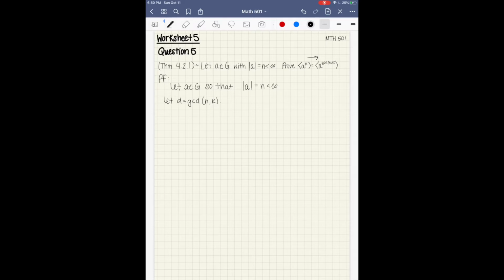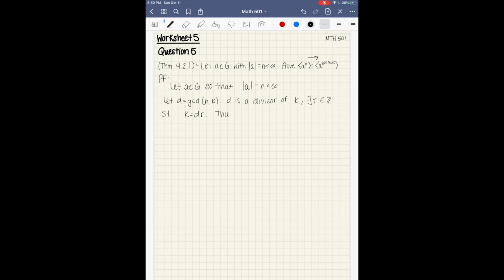Since d is equal to the greatest common divisor of n and k, so d is a divisor of k, that means there exists r, which is an integer, so that k will equal dr. So we can divide both sides by d, making d a divisor of k.